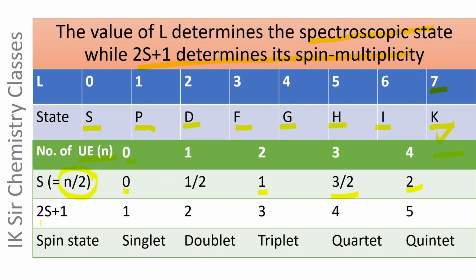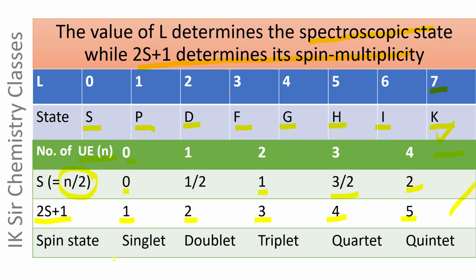And on putting the value of S in the term 2S+1, we get a spin multiplicity value which is equal to 1, 2, 3, 4, 5 and so on.